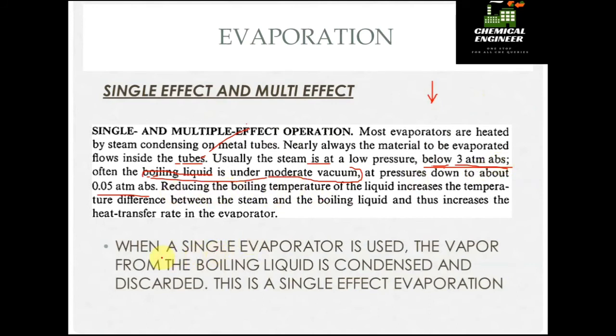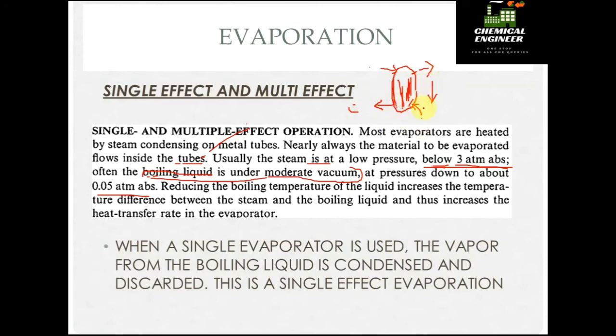Okay, now single effect evaporator. A single effect evaporator is one where there is only one evaporating unit. Steam goes in and the material that is to be evaporated goes in from the bottom, and here are the different tubes, a tubular arrangement. From this side, condensate is taken out and from the upper side vapors are taken out.